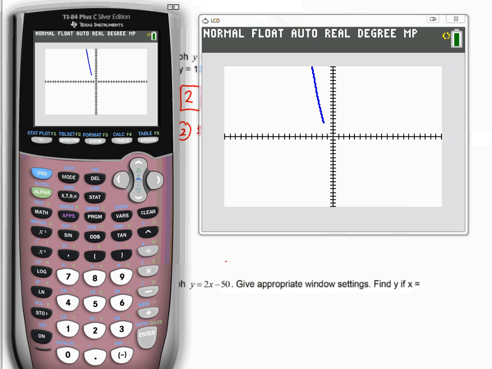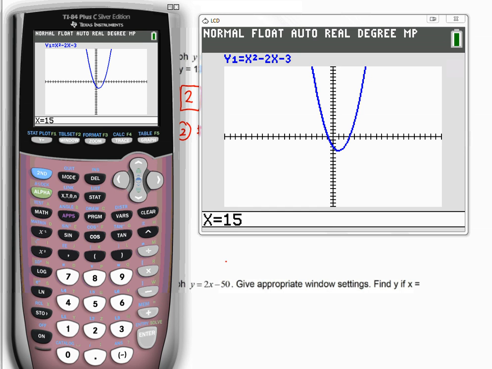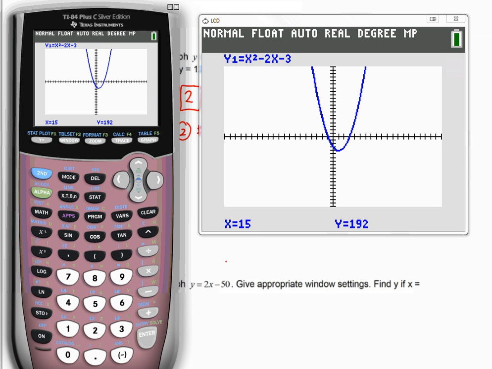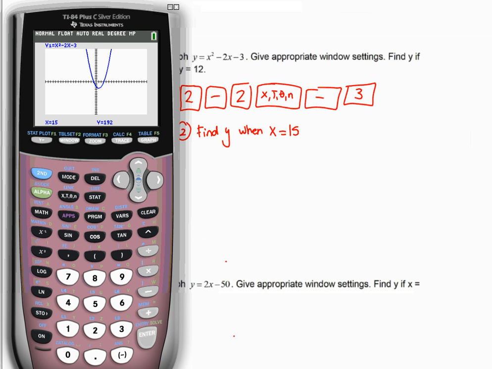It should look something like this. Okay, so now we push trace, 15, enter. 192. Wow. Okay, so we had to change our windows.